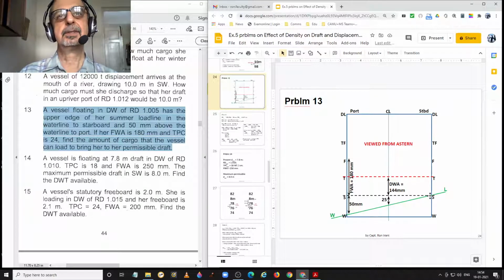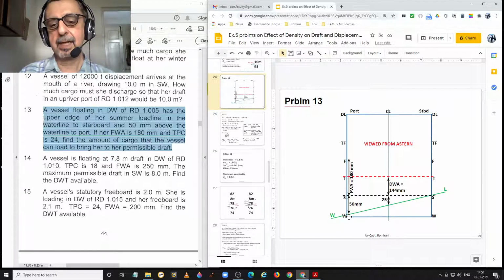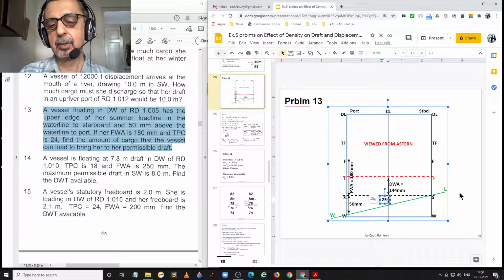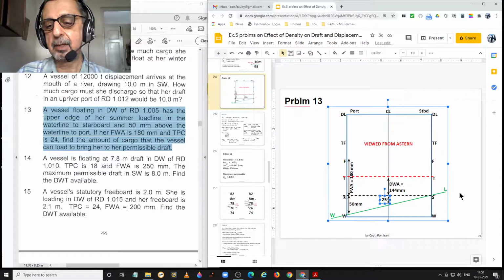On the starboard side, it is on the water line, and on the port side, it is 50 millimeters above the water line. Thus, the average is 50 plus 0 equal to 50, divided by 2 on the center line. Therefore, the summer load line is 25 millimeters above the water line.